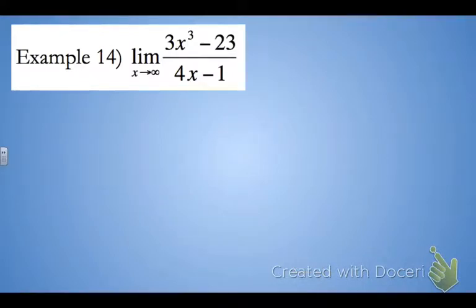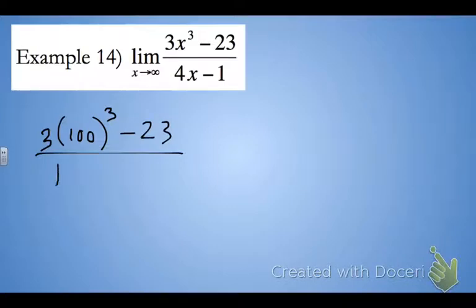We're going to plug in a number as big as you want it to be, but we're going to look at whether or not it's positive or negative. Again, I really don't care what the number equals as long as I know whether or not it's positive or negative. So if I look at the limit as x goes to infinity and plug in a number that's big, let's just use 100. I have 3 times 100 quantity cubed minus 23 all over 4 times 100 minus 1.